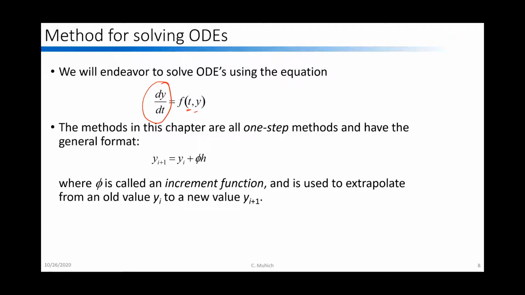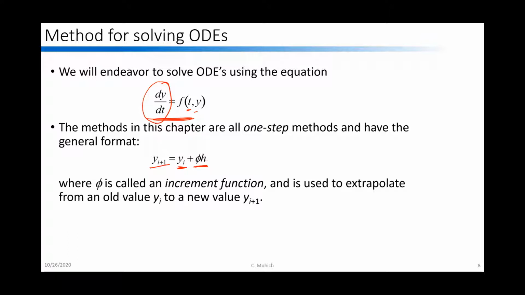We're going to approach this with a one-step method, where we rearrange this equation to isolate some next value, say y of i plus 1, and it's going to be composed of a previous value from the previous step, y i, plus some incremental function phi that we're going to use to extrapolate, and some step that we're going to take, h.